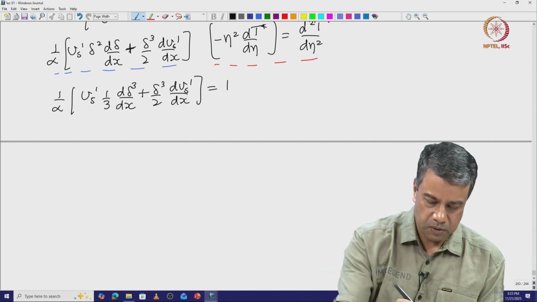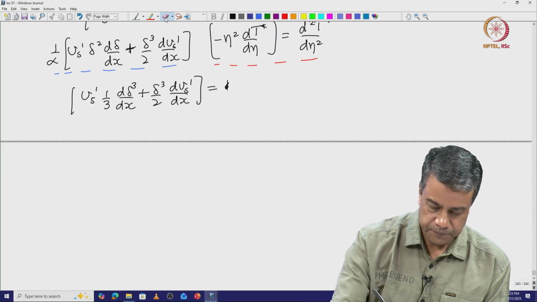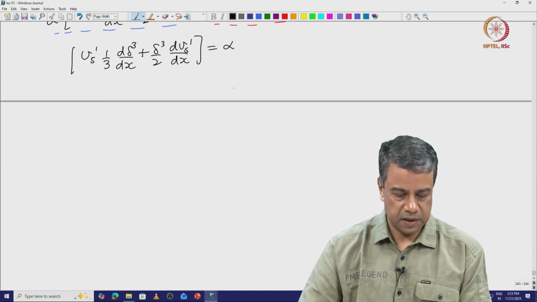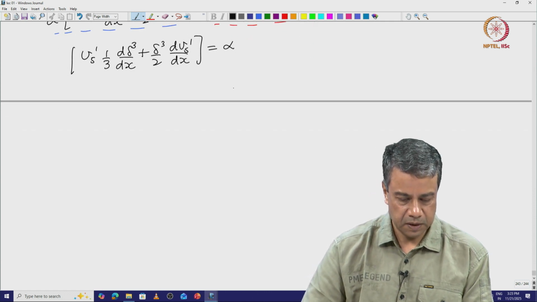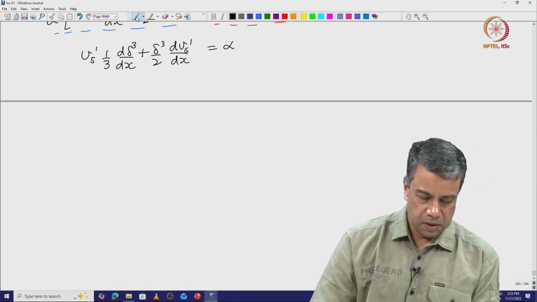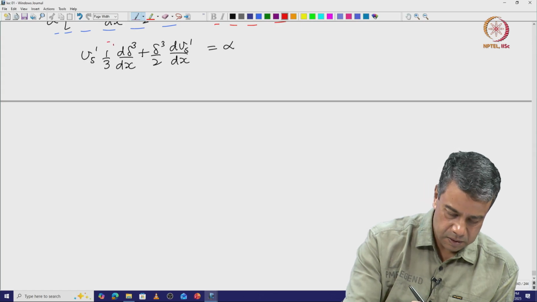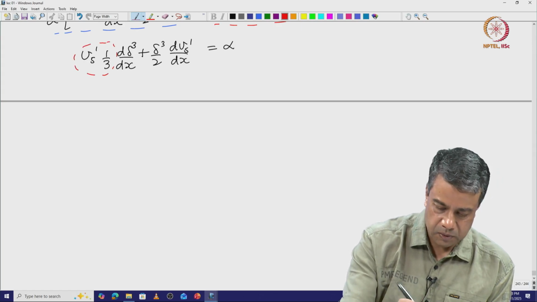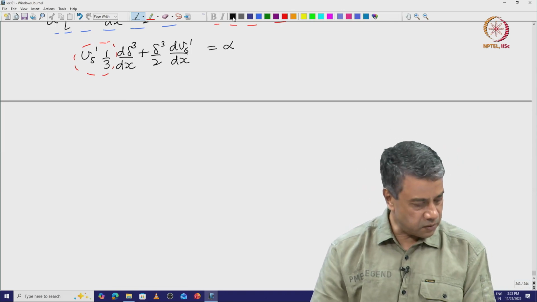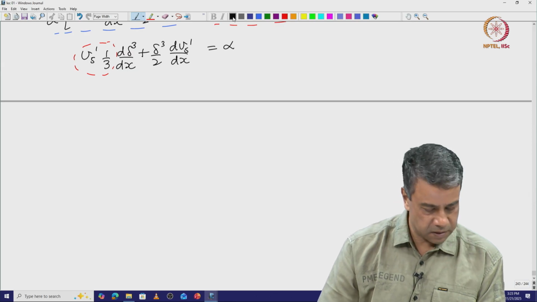I can multiply throughout by alpha, so I will get an alpha on the right hand side. And divide throughout by this prefactor to get a first order differential equation.